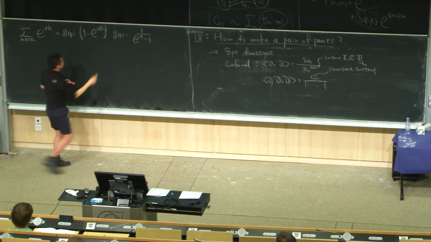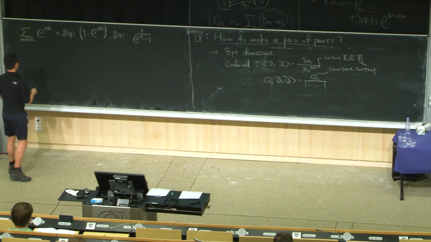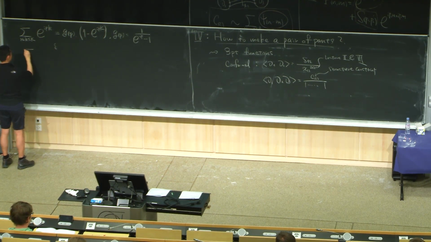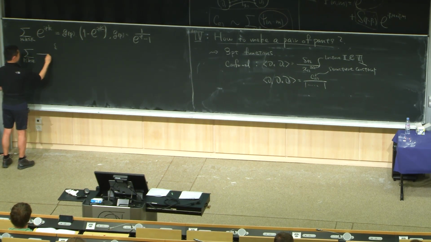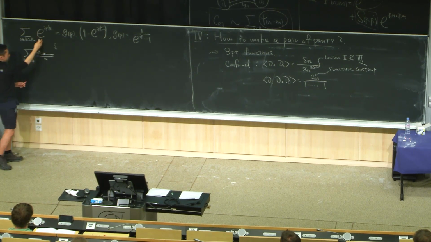There is some reason why I wrote it in this way. I want to have a pictorial notation of this sum. The idea is to write a segment of length K, and then denote this exponential e to the i p k by putting a point at the position k. This is my notation for this exponential.